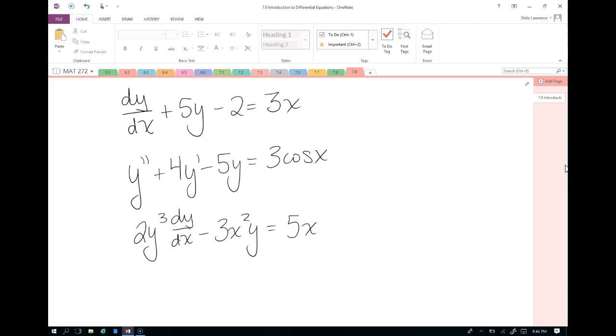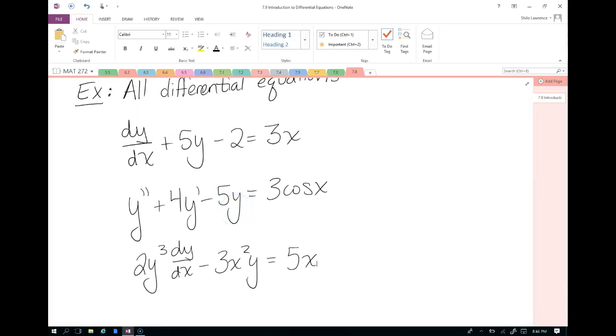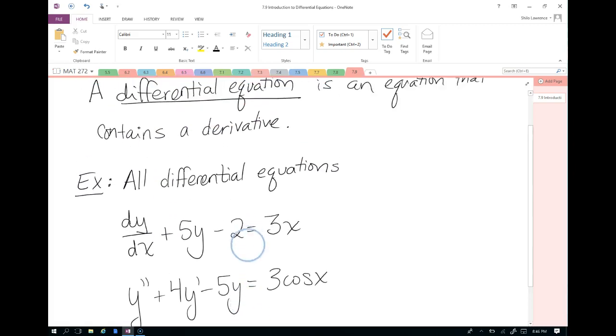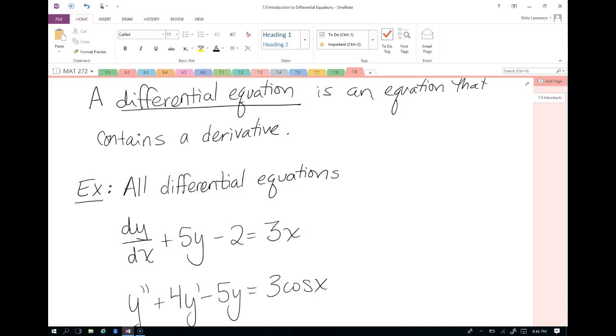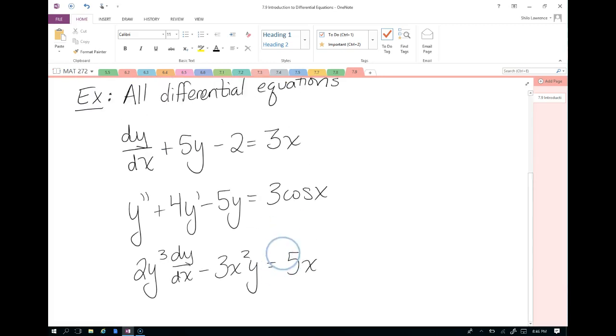So all these are just different examples of some types of differential equations. There's only one specific type that we're going to be solving here in 7.9 because it doesn't involve really any new math. It just involves learning this new idea, this new concept of a differential equation, and just using math that we already know to solve them.